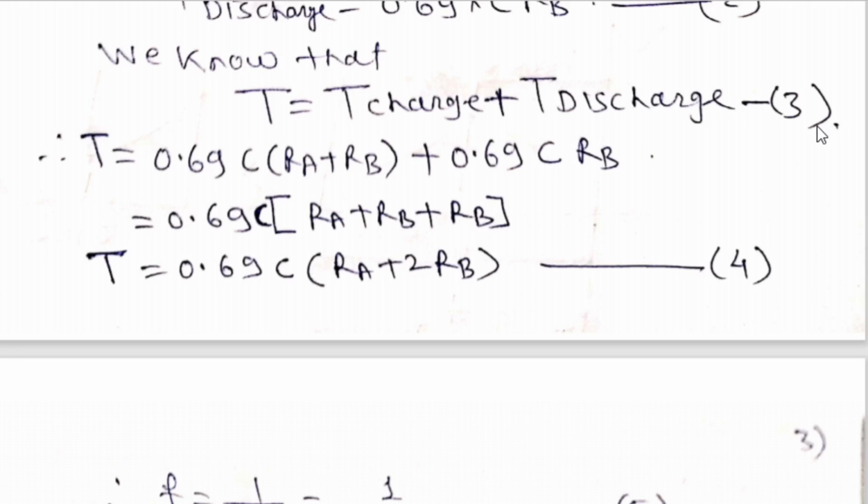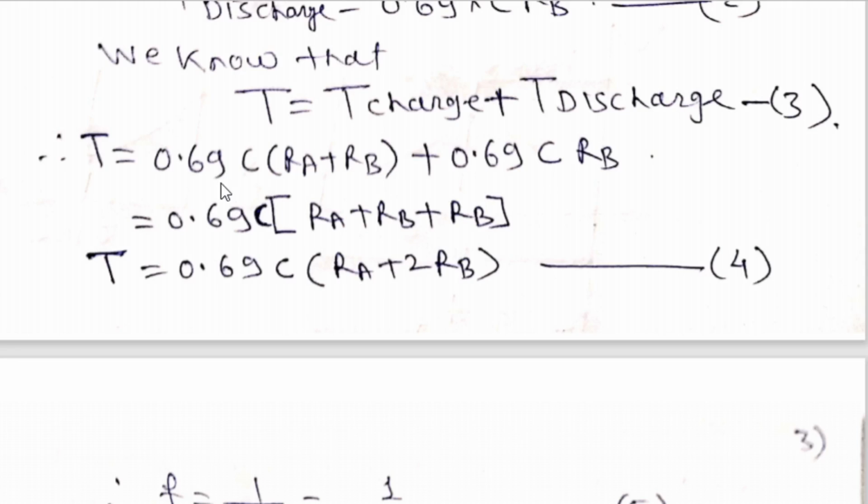For T charge, the equation was 0.69 C into bracket RA plus RB, because our capacitor was charging through RA and RB. Plus T discharge, the equation for which is 0.69 C into RB only, because the capacitor discharges through RB.